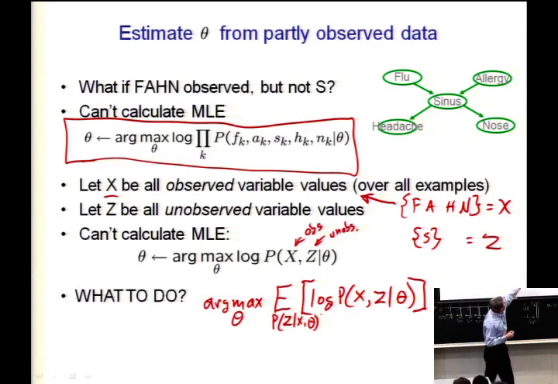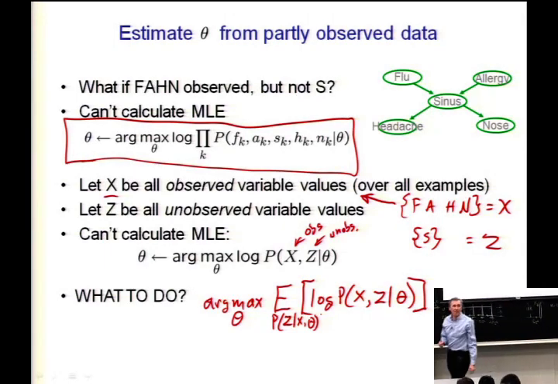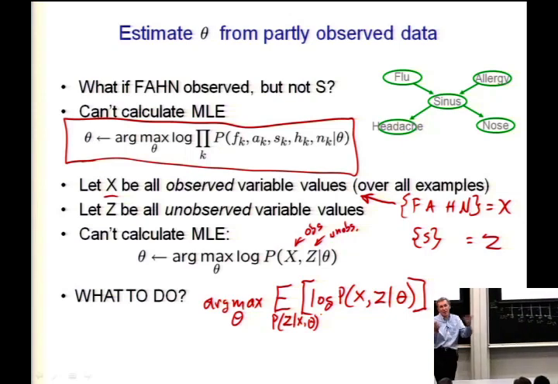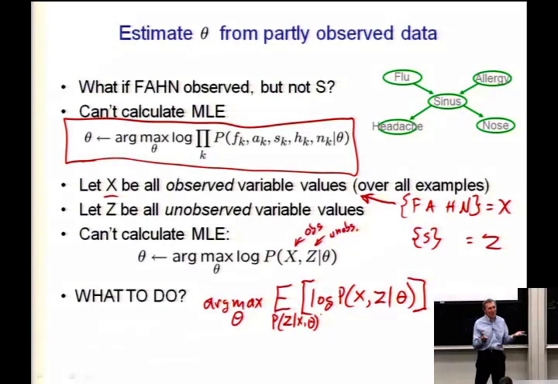What we're going to do is take the expected value of that using the probability distribution over z given the observed variables. And of course, as we talked about last time, once we have a Bayes net, we can calculate any of these conditional probabilities that we like. In this case, this is the probability of the variable s given FAHN. And you know how to do that. You know several ways of doing that, some more tractable than others.